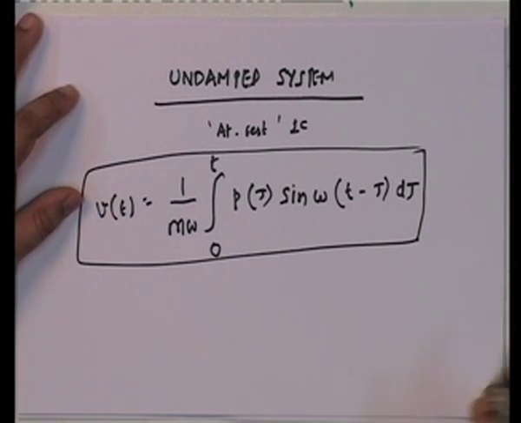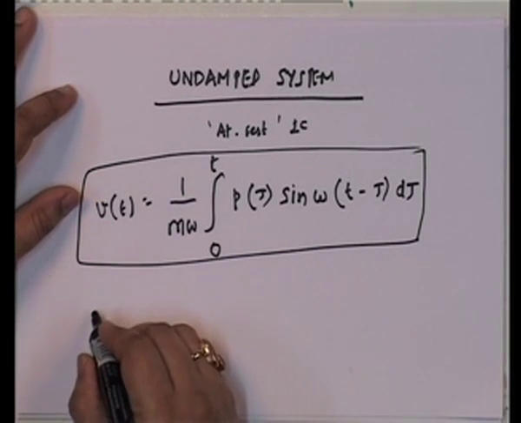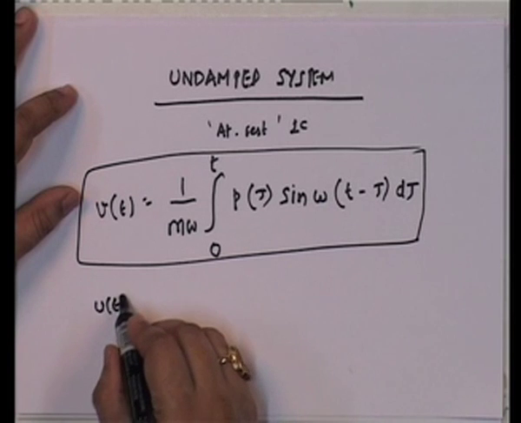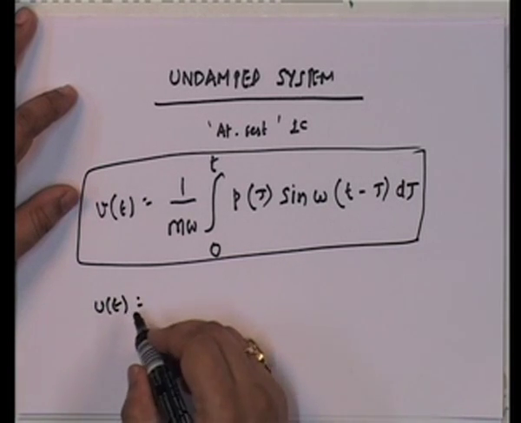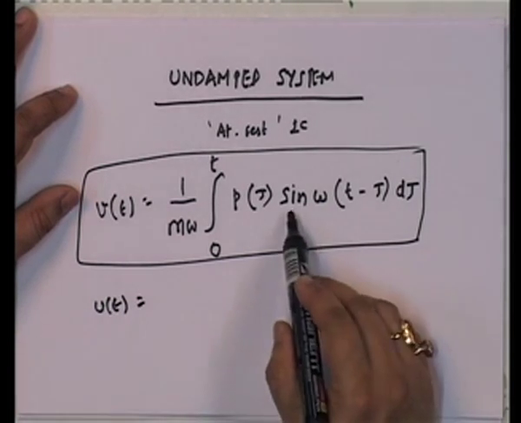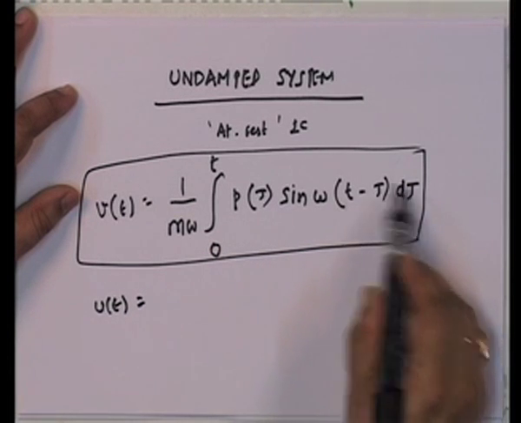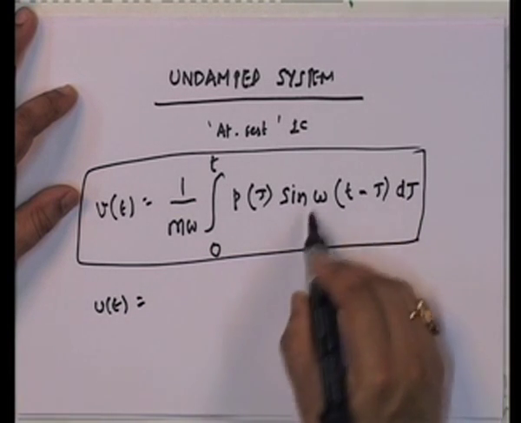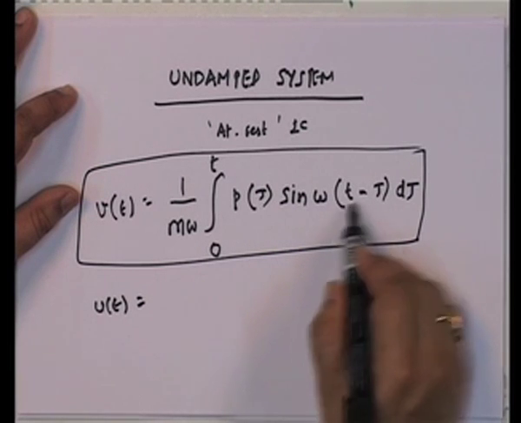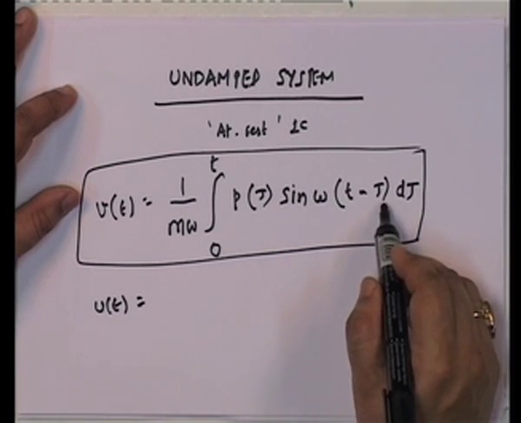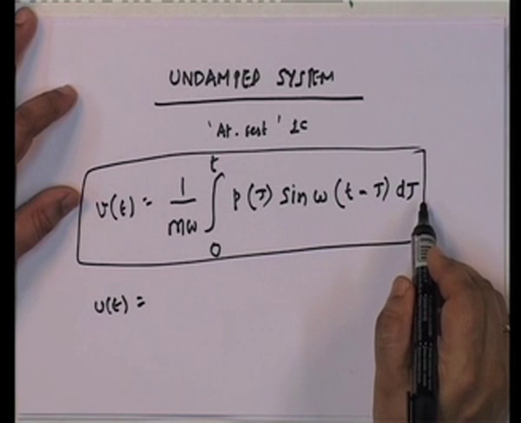Now, I am going to rewrite this in the following format. The sine of omega (t minus tau) becomes sin omega t cosine omega tau minus cosine omega t sin omega tau.